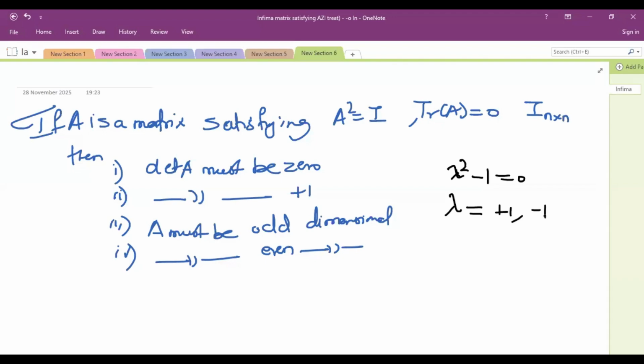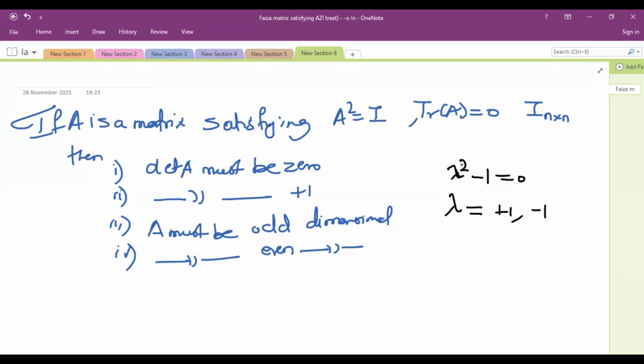And as I said, we have lambda square minus 1 as one of the polynomials satisfied by A, which is of order n cross n. A has to be a matrix of order n cross n because I is of order n cross n.